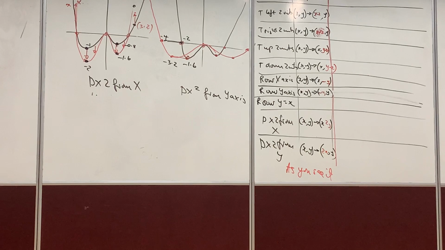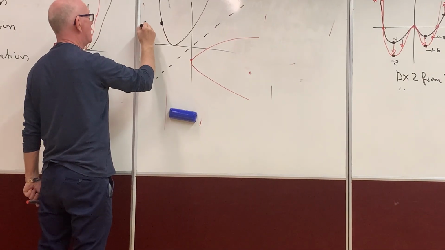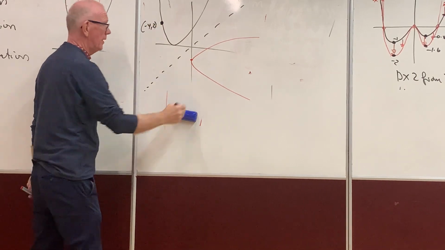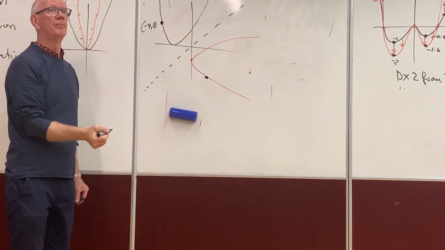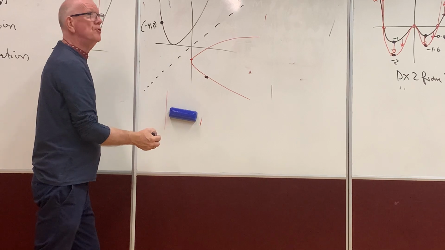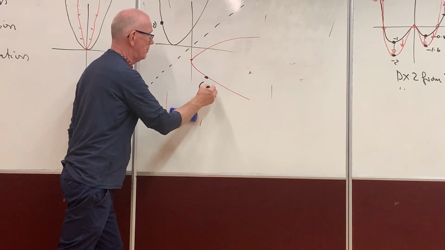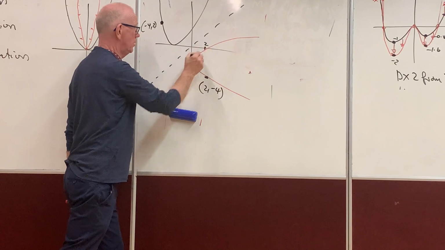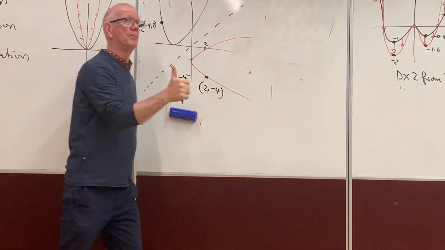And if this coordinate here was minus 4 and 2, that goes to what coordinate? 2 and minus 4. There's my 2, there's my minus 4.